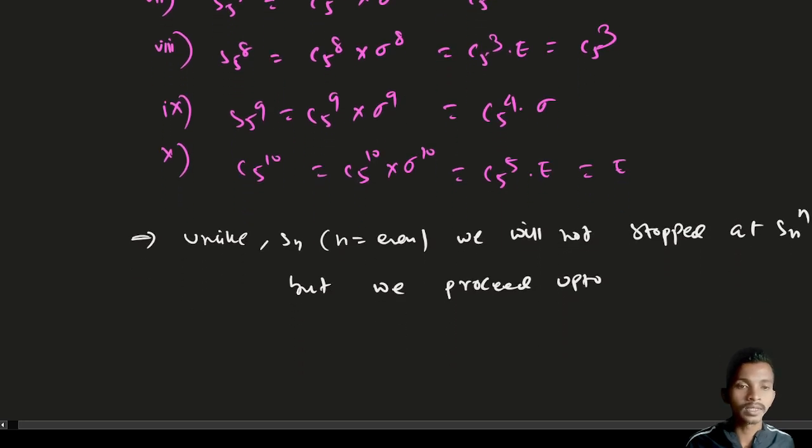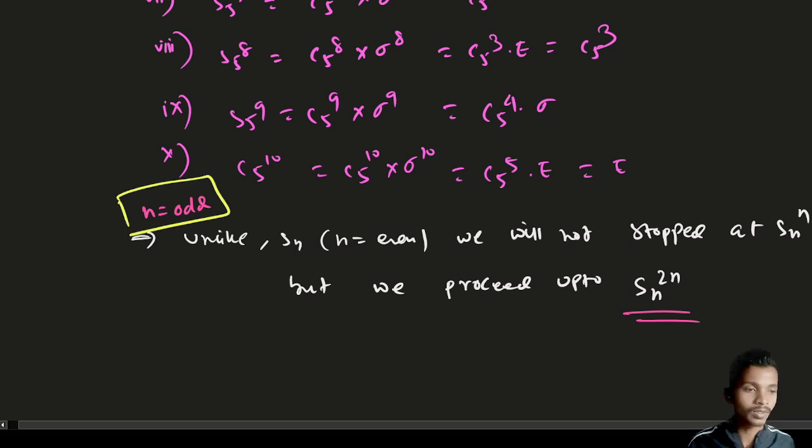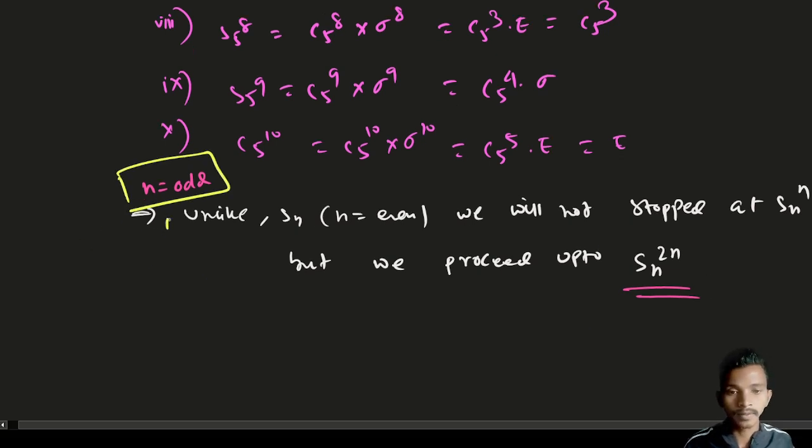That is Sn^2n. This much we have to proceed, for n equal to odd. For n equal to odd, we have to proceed up to this much. Okay, this is the one point.